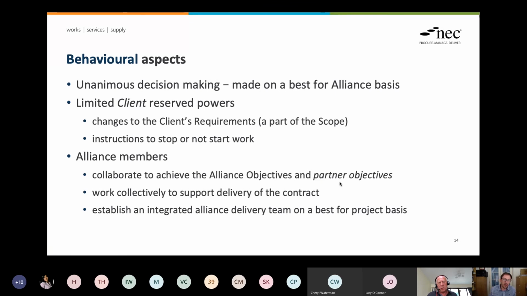So I think it's fair to say that in that respect, this type of contract, you're not using it for run of the mill programmes of work, because the time and effort in terms of creating the board or creating the alliance is only going to be warranted where you've got a long, big programme of work. I think that's fair to say, isn't it? A big programme, highly complex, sophisticated, not run of the mill stuff.